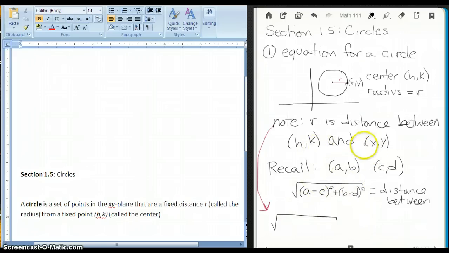So let's just go ahead and do that. It doesn't matter which we do first, but there's a certain way your textbook has it written, and I'll follow them. So they do x minus h squared, that's the difference between the x's here, plus y minus k squared.